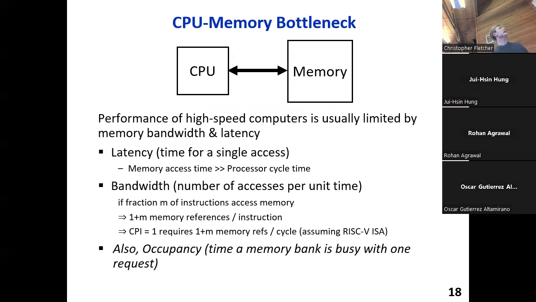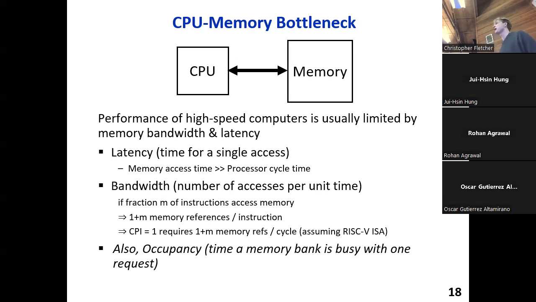It turns out, perhaps not surprisingly, that if all you have is DRAM, you're completely and hopelessly dominated by your memory access time. Going back to the metrics that we defined a lecture or two ago, we have latency, bandwidth, and occupancy. The latency of a memory access to DRAM is orders of magnitude greater, guaranteed, than the processor cycle time.